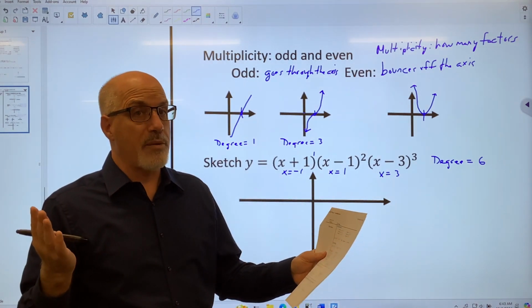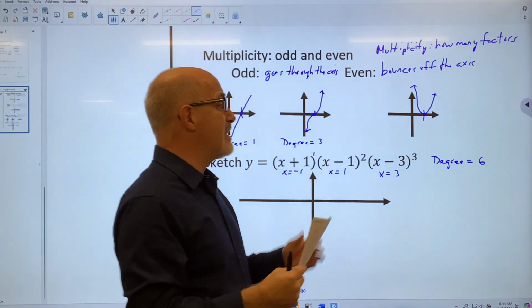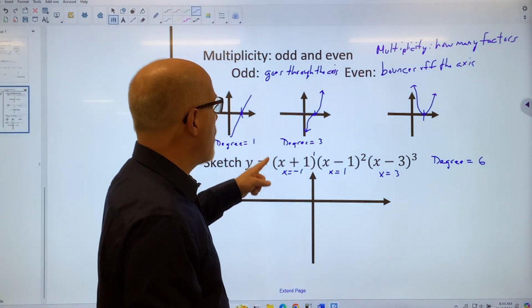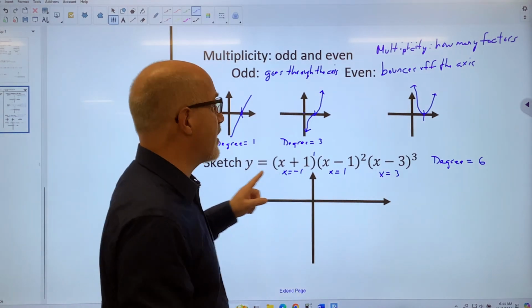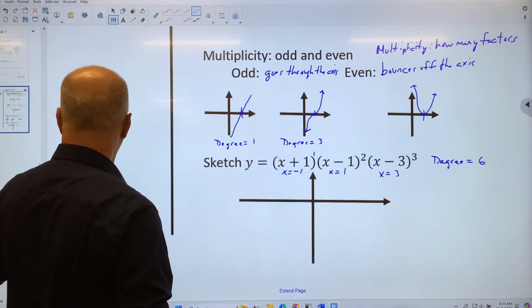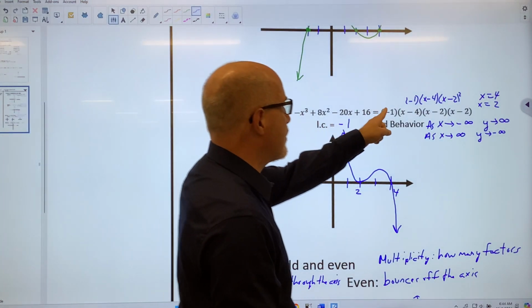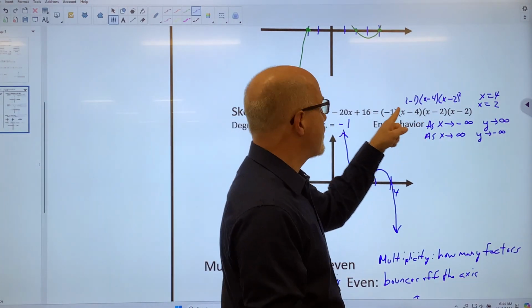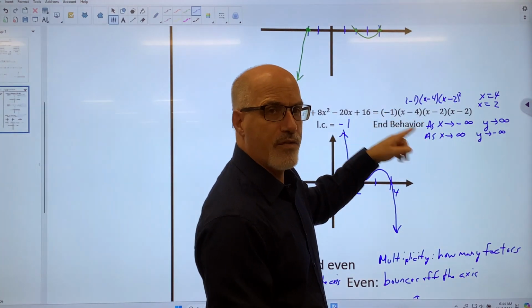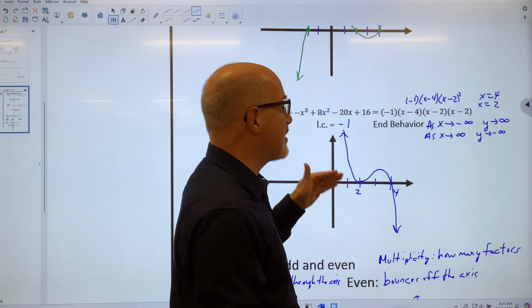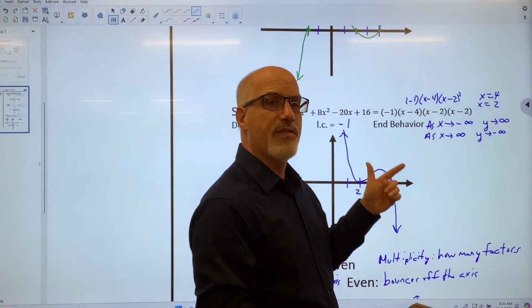Now, how you know whether both go up or down is the leading coefficient. Well, we don't have a negative out here. Remember, out here, this one had a leading coefficient of -1, which factored out here. So when you have a negative out in front of the whole thing, that means it's going to have a negative leading coefficient.